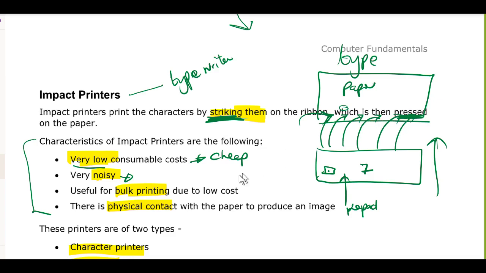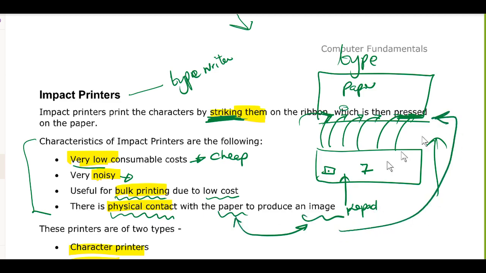So that is the impact printers. They are normally used for bulk printing because of their low cost, and there is physical contact between the paper and the image. That is the major idea that I was trying to introduce with the typewriter, that the image is printed on a paper physically by touching the paper.